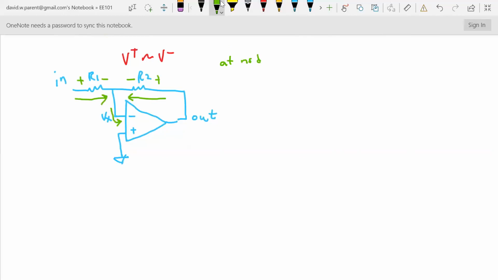At node X, write your KCL. All right, so I have IR1 coming into the node, so I'll just put that there. IR2 is coming into the node. Even though these are in opposite directions, it's into the node and out of the node, so I need to put IR1, IR2 coming in. And then I have I minus coming out of the node.